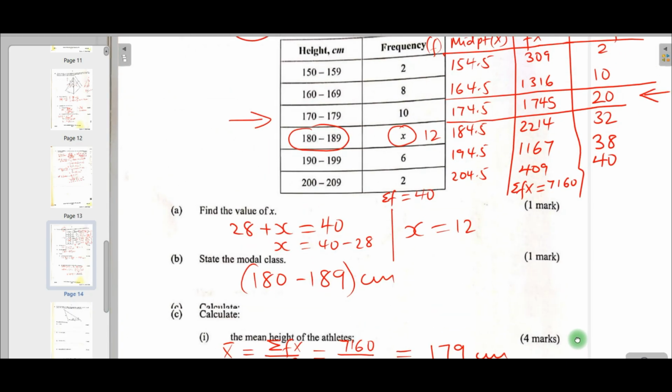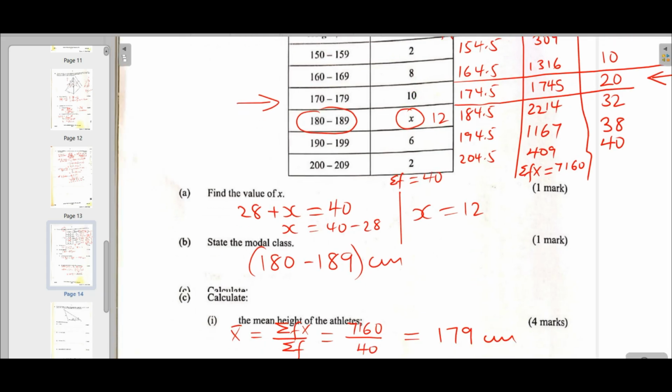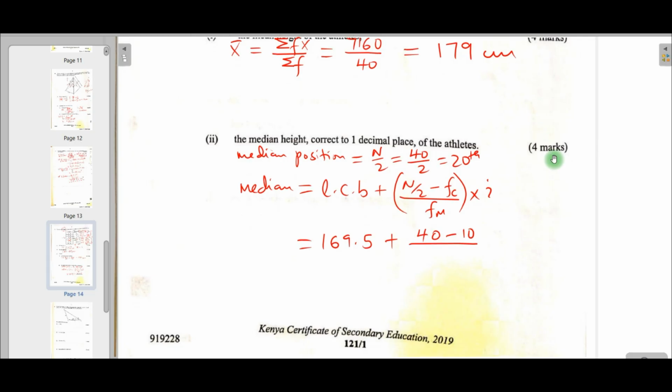The frequency of the median class is 10. So n over 2 is actually 20, 20 minus 10 is 10. Then everything is multiplied by the class interval.